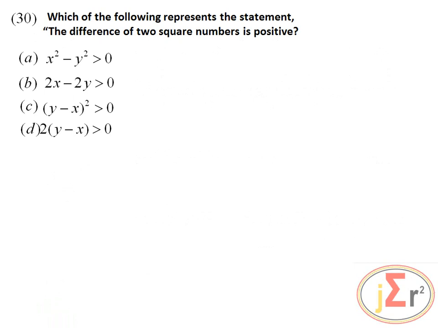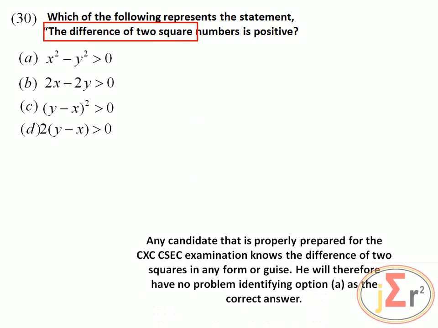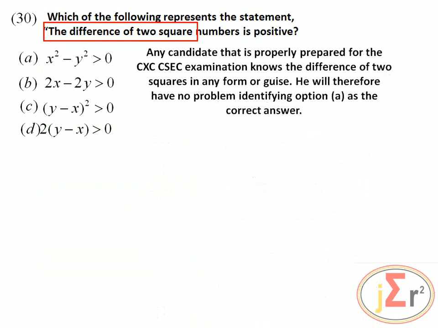Finally, which of the following represents the statement: the difference of two square numbers is positive? Difference of two squares. Any candidate that is properly prepared for the CXC CSEC examination knows the difference of two squares in any form or guise.